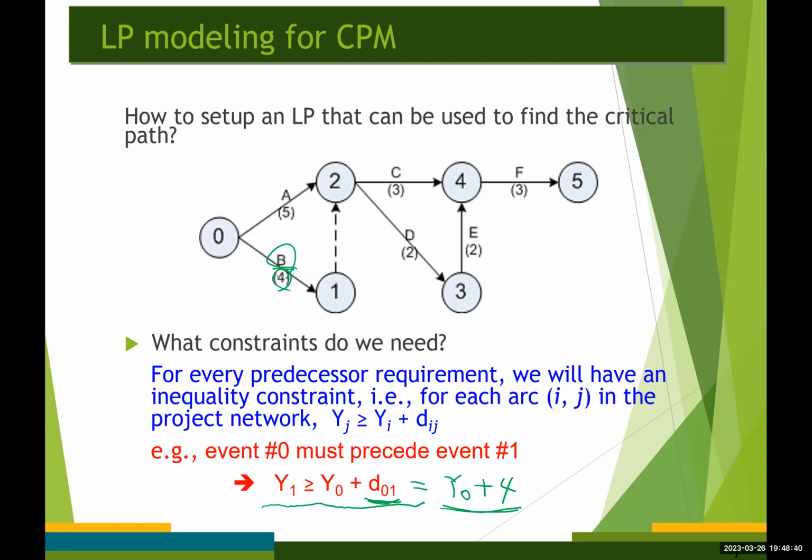This precedence relationship can be nicely represented by this inequality constraint, and we need to do the same thing for the other precedence relationships in this AOA network.